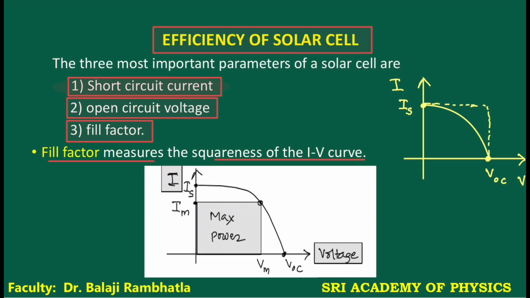Suppose we construct a square or a rectangle like this. The area of this rectangle we can represent as VOC into ISC. And power, we know, what is the formula for power? V into I. So the area under this curve represents the power of the solar cell.